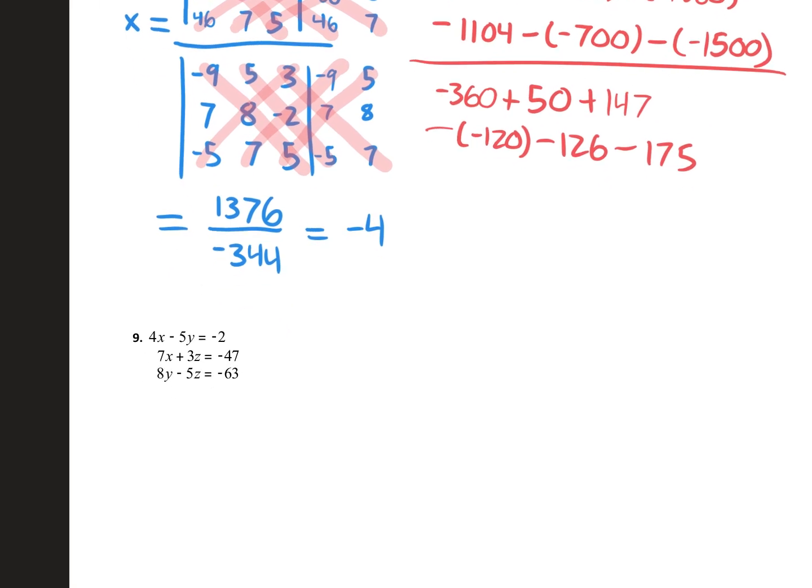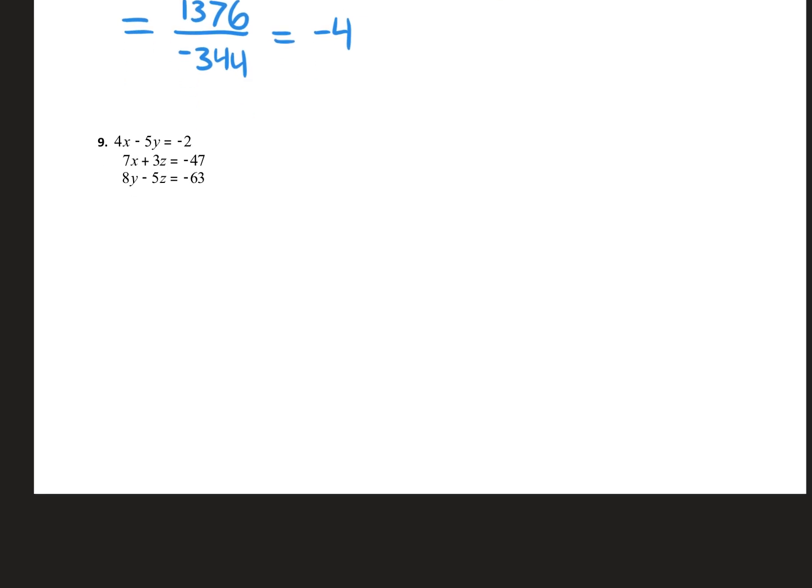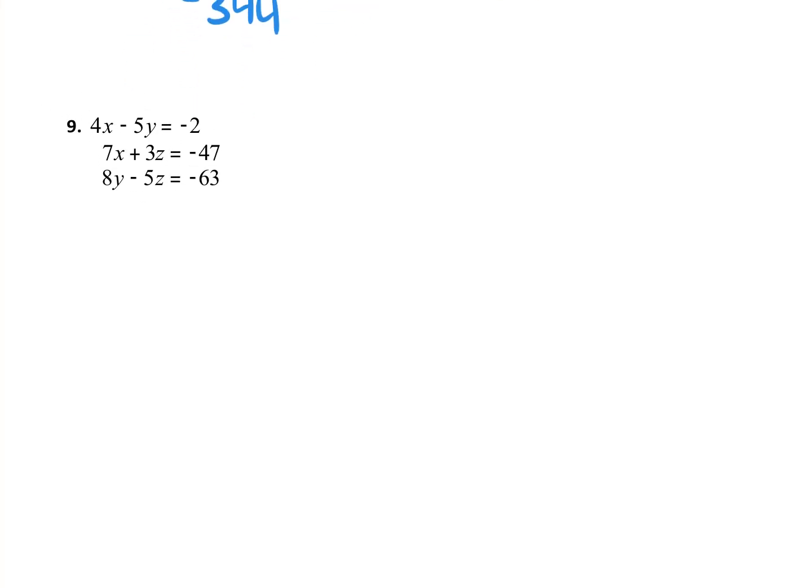Let's move on to number 9. So first thing I need to do on number 9 is rearrange it. So I want everything to line up the way it did on number 8. 4x minus 5y, and then I'm going to leave a gap. If it helps you, you could even write plus 0z here.